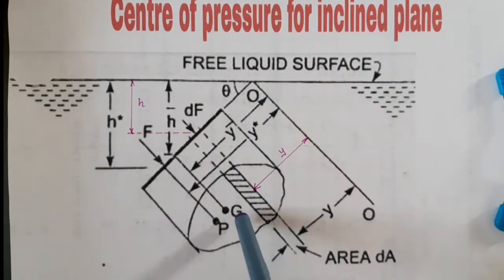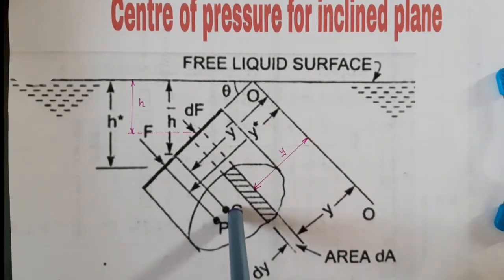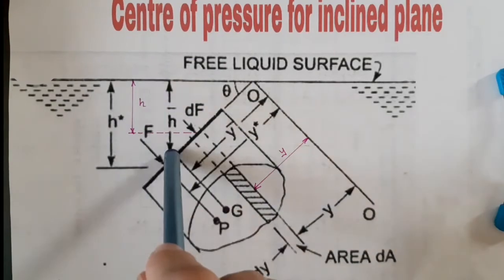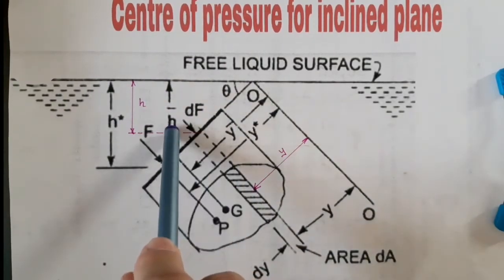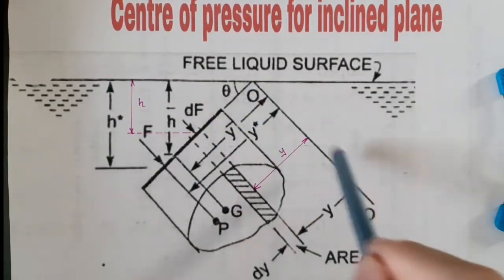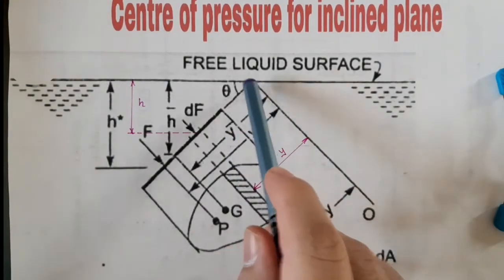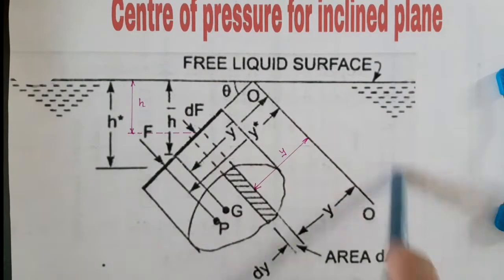G is the center of gravity or centroid, so its height from the free surface is h bar, and its distance from the OO axis is y bar. I hope you understood this figure.